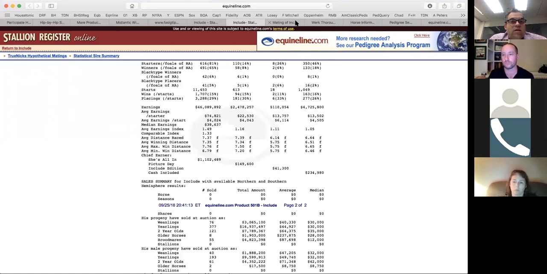This is a filly that eventually is going to be a broodmare. What are the 2 or 3 things that are most key to you when you're doing that analysis?